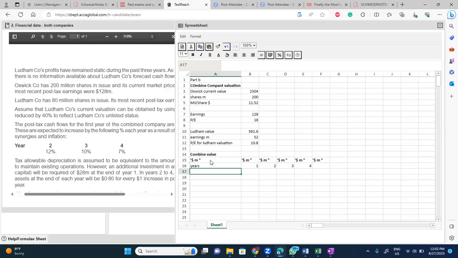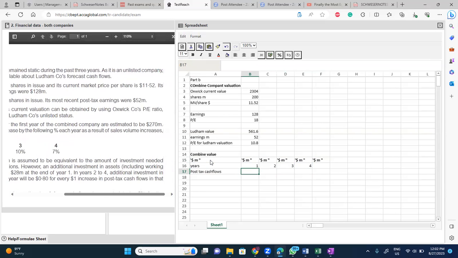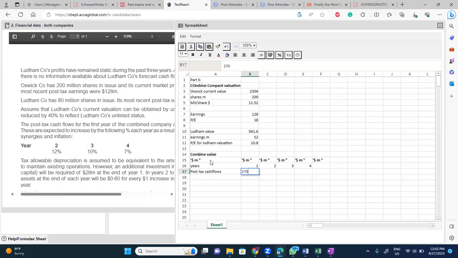Post-tax cash flows of the first year are given. Post-tax cash flows of first year is 270 million. And next year it will increase by 12%, and next year by 10%, and next year by 7%.